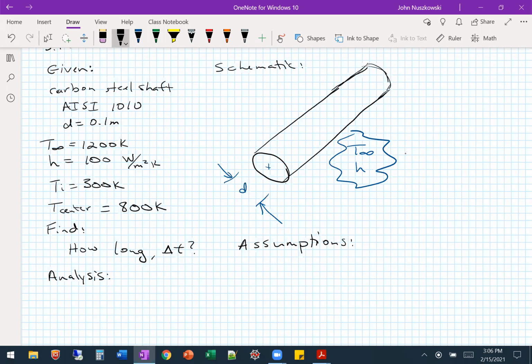See the energy equation? Which equation? To find the delta t. Okay, the energy equation? Yeah, sorry. That's all right.